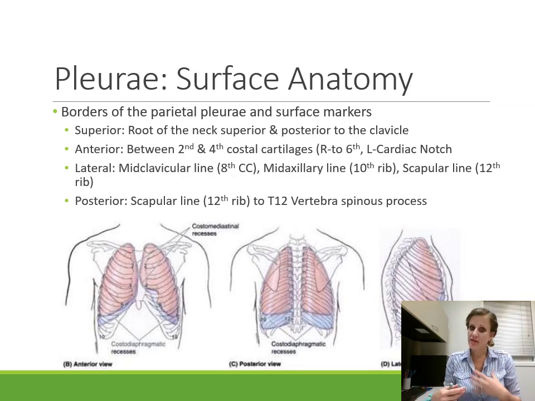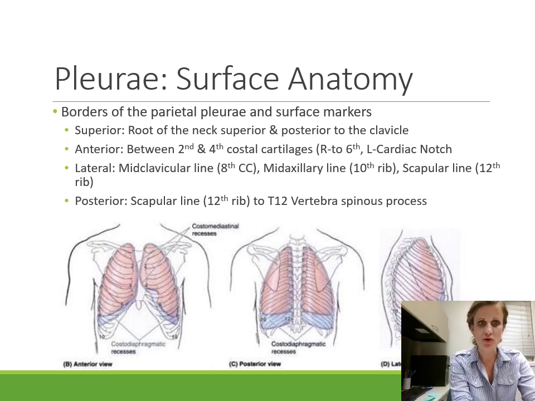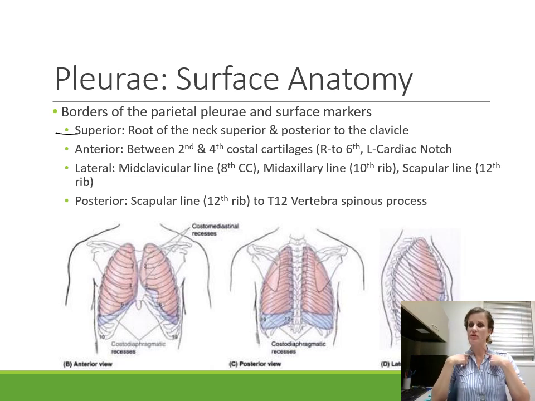From the outside of the body, you should be able to pinpoint certain areas that will trace the borders of the parietal pleura. They'll give you an outline for where the pleural cavities are. Here we'll see the superior borders, that mark the very top, or the apex, of the lungs.